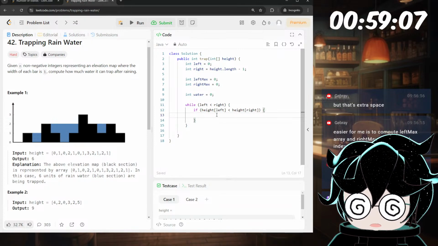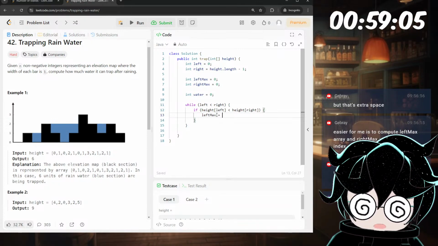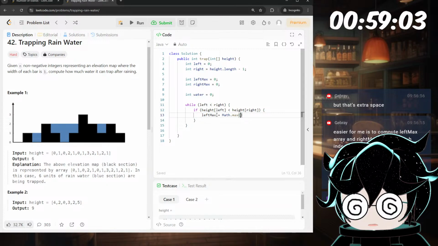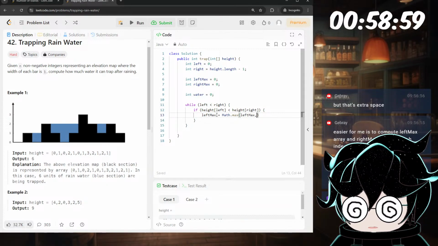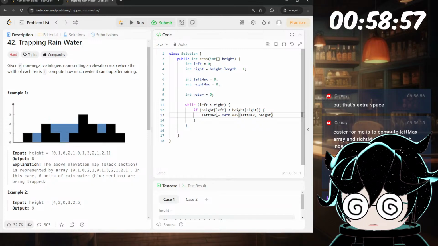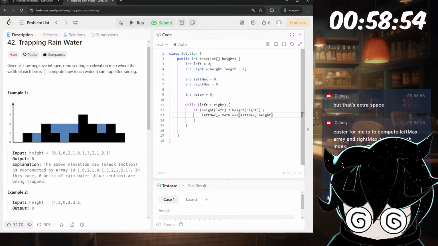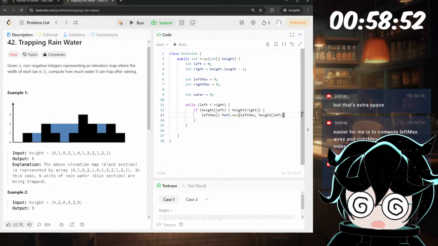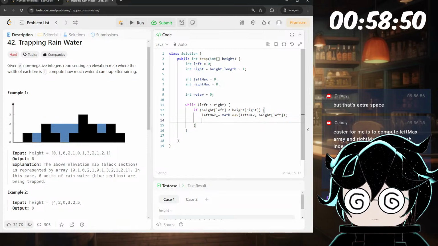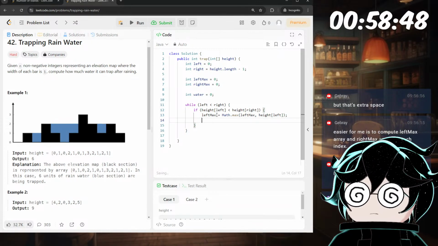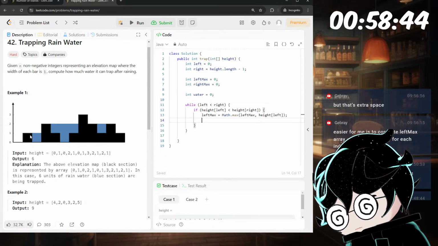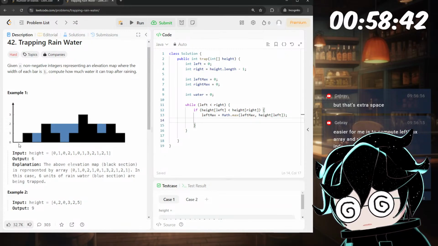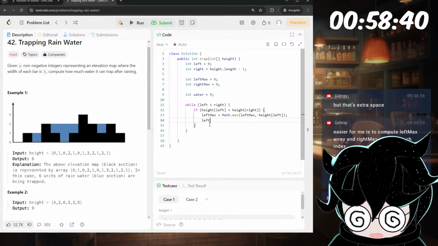Sure, let's see what happens. Left max is equal to math.max of the current left max and the height at the current left. So if we move away from here, our left max is currently 0, left plus plus.